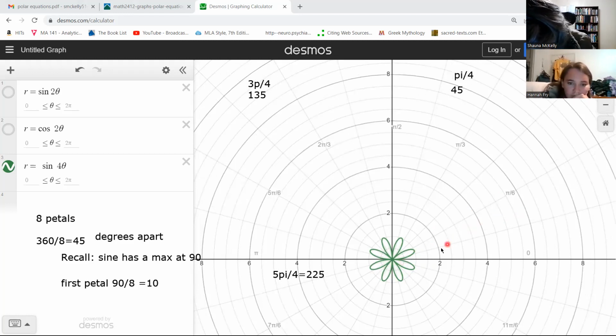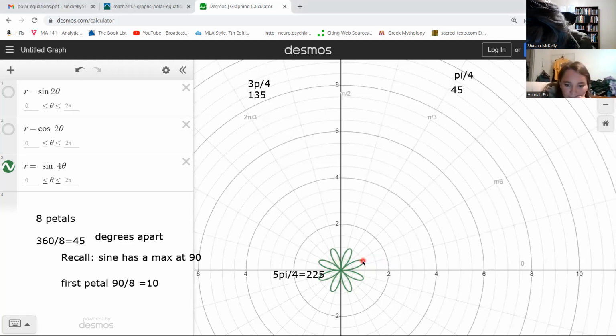This is where your pointer is, right? And then the next one is here, which is at 55, you see? And then you have another one 45 degrees after that, and 45 degrees after that, all the way around to where this ends up, you see? That's how we got to that point. Okay, so does that kind of help you?